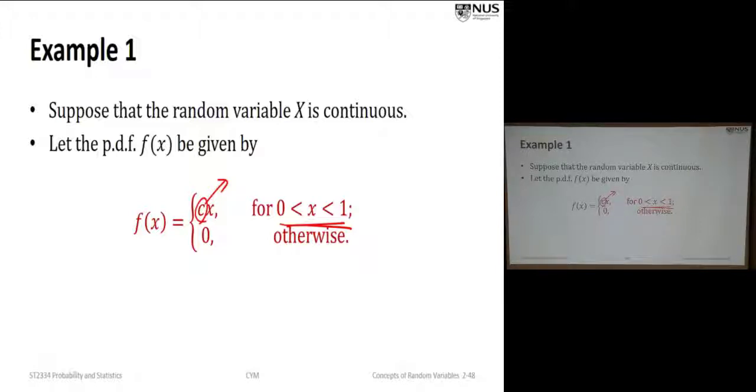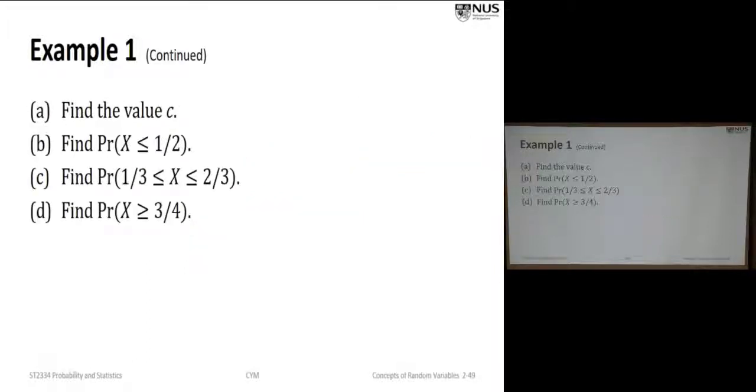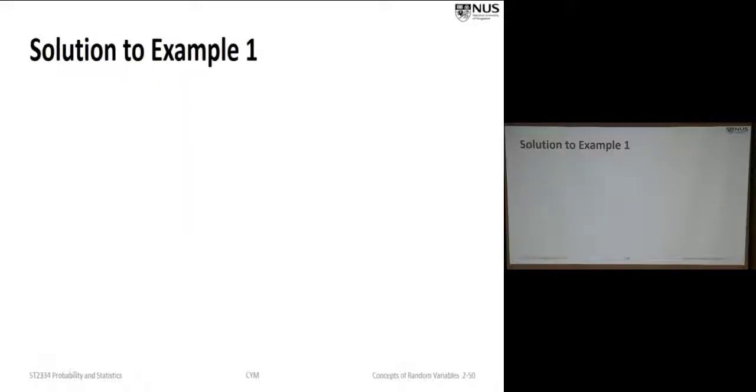The second one is that the integral from minus infinity to infinity of f of x dx equal to 1. That means summing up the area under this PDF curve equals 1. All right? After I find c and make sure that it's well-defined, then I start to find all these probabilities. Okay, so how to do it?